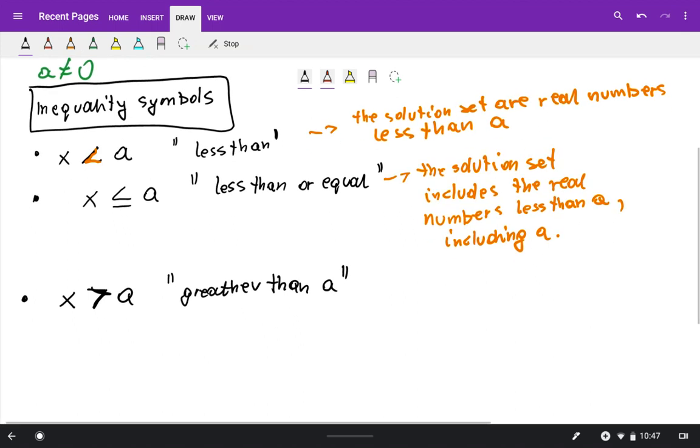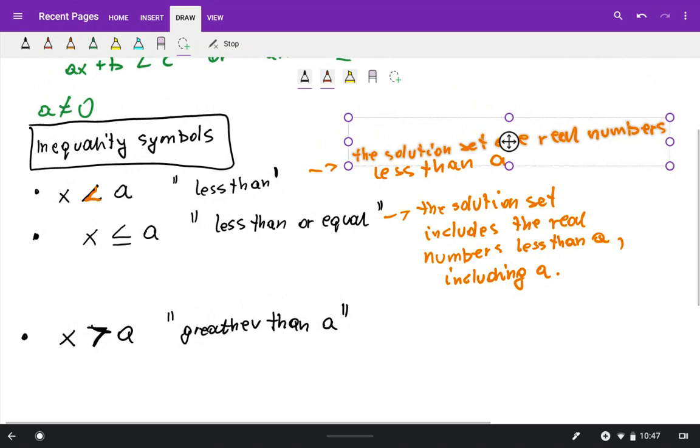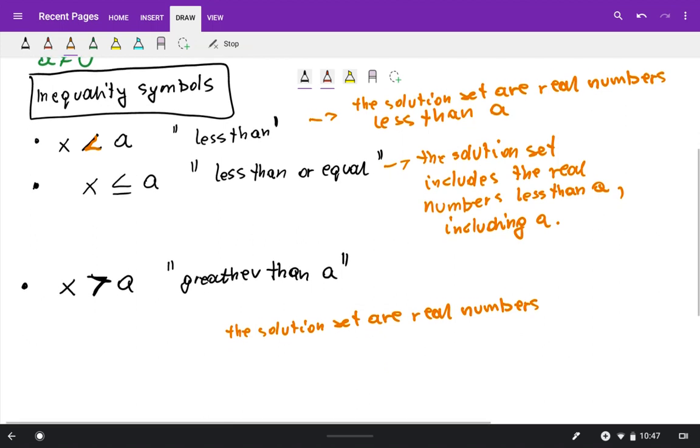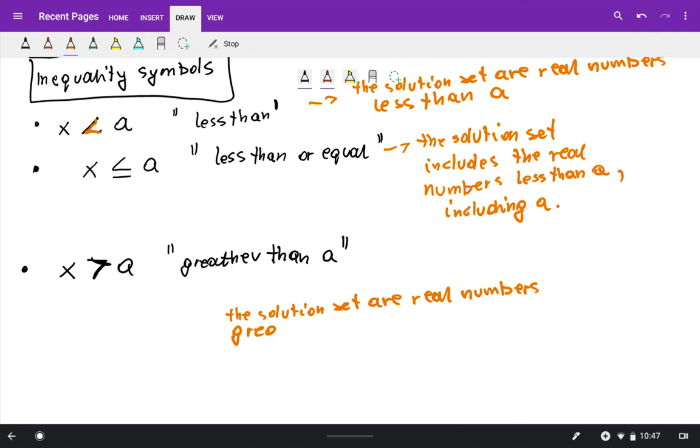And the solution set for this one is the real numbers greater than a, but not equal to a. So we're not including that number.